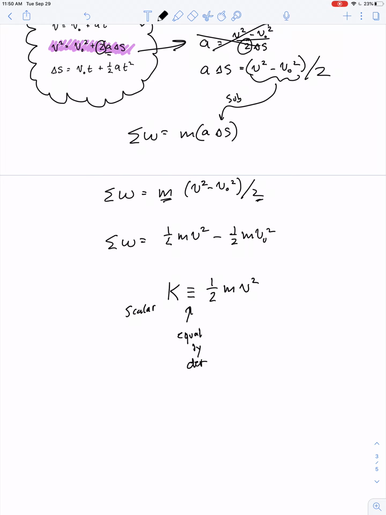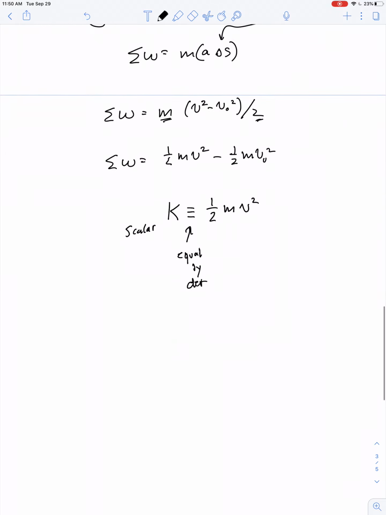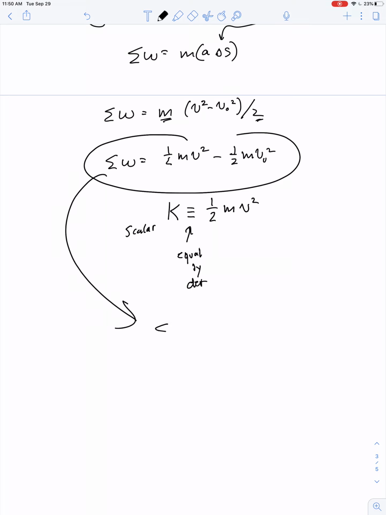And if that is the definition for kinetic energy, then we can rewrite this equation as net amount of work is equal to, well, I guess this would be nothing more than some final value of kinetic energy, and this would be nothing more than some initial value of kinetic energy. Or in other words, the net work done on an object is equal to that object's change in kinetic energy.